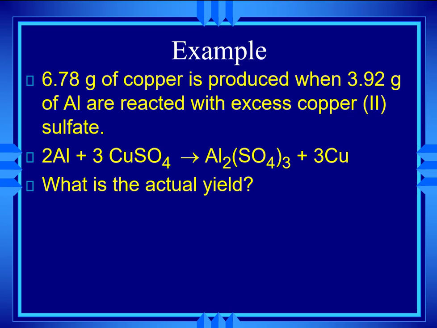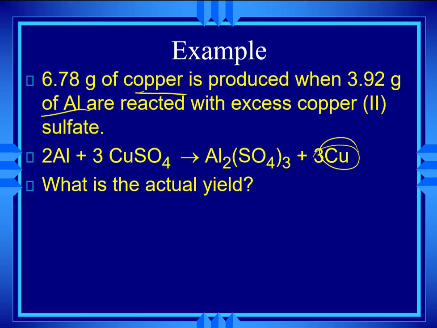So are you supposed to go take some aluminum and put it in copper sulfate? No. So how are you going to get it? Well, look at the problem. What did they tell you about? They told you about copper and about aluminum. Aluminum's a reactant. It's not going to be a yield. Copper's a product. It's a yield. If you read the sentence, it says 6.78 grams of copper is produced.